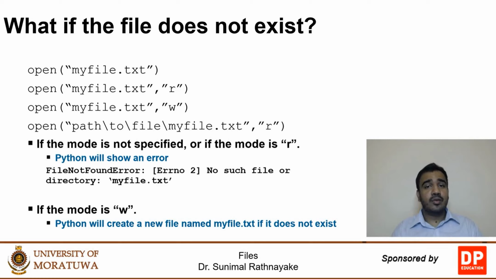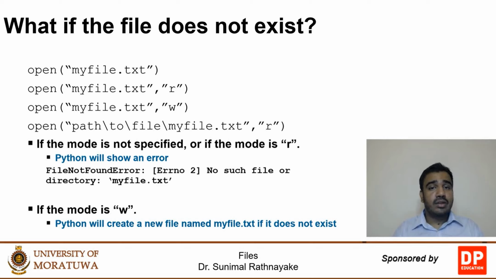Whatever the mode that you try to open the file with, you can encounter a situation in which the file you are trying to open does not exist in the specified file path or in the current directory. In such a situation, depending on the file opening mode, Python will take different actions.